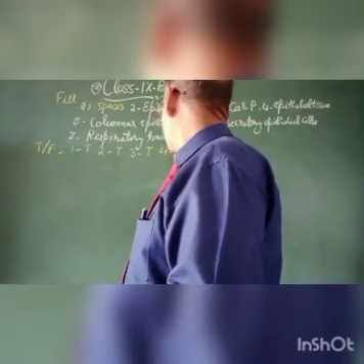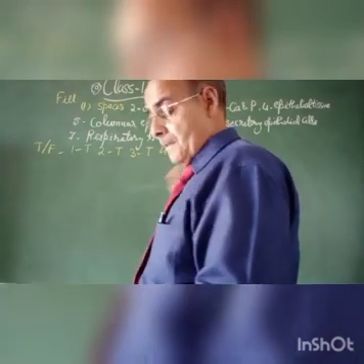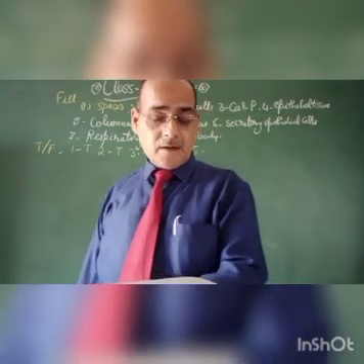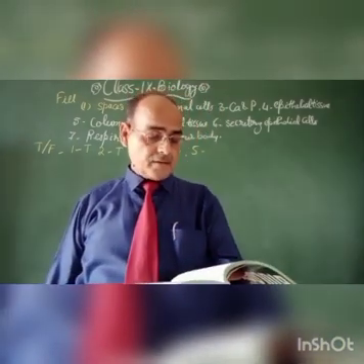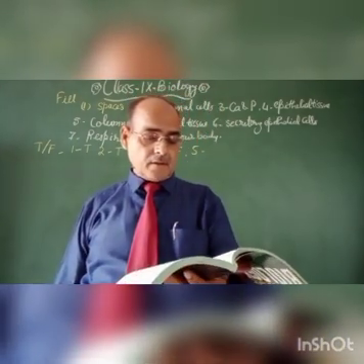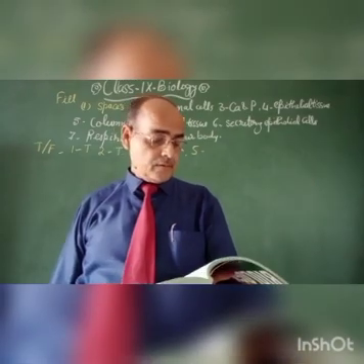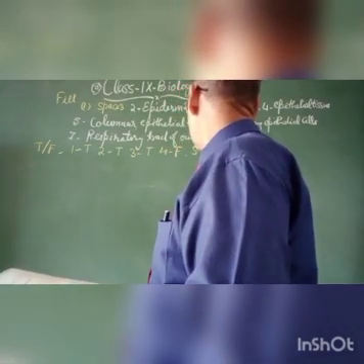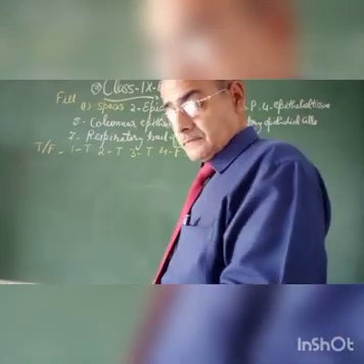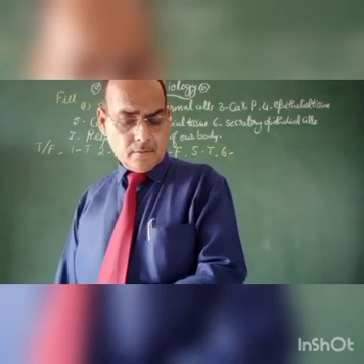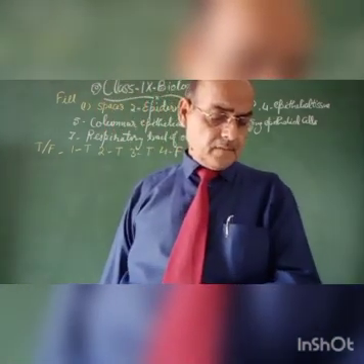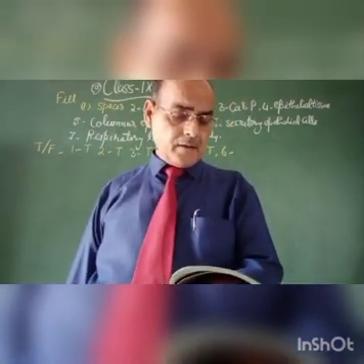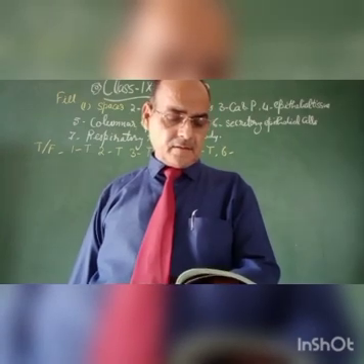Question number 5: stomata present in the epidermis of the leaf are necessary for the exchange of gases with the atmosphere. That is true. Number 6: parenchyma are permanent live cells with thin cell wall.